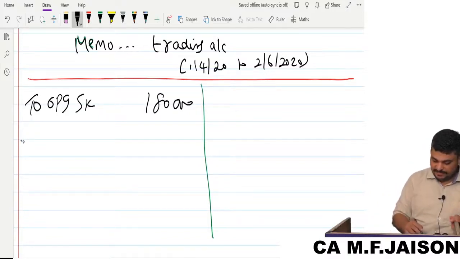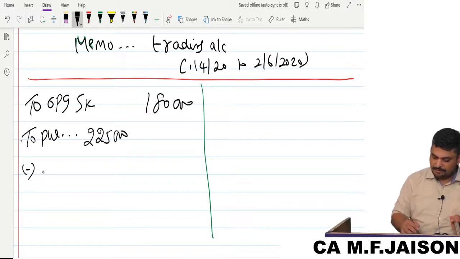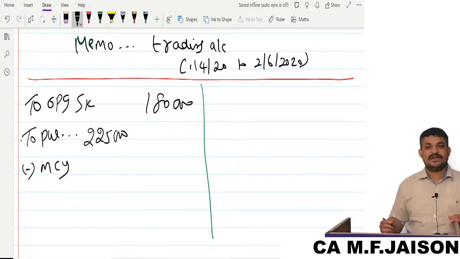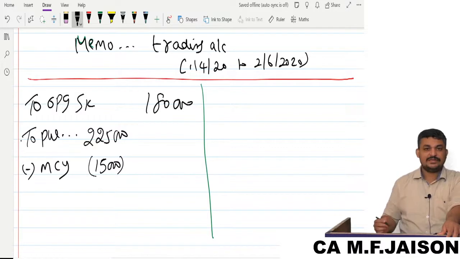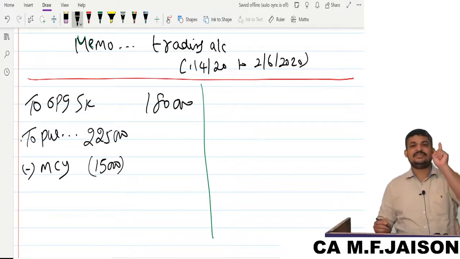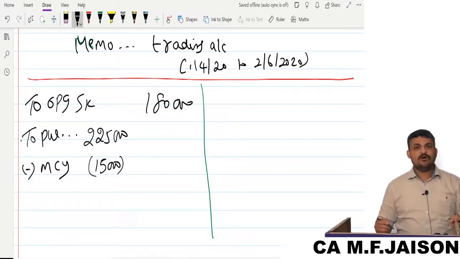Then we have purchases. Purchase given in the question is 2,25,000, minus the machinery purchase. MCY, I am writing as machinery purchase. How much is that? 15,000. And then we have already discussed, one sales adjustment, one purchase adjustment. So what happened is that invoice not received, goods received.